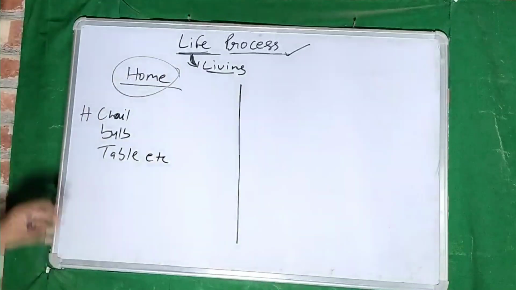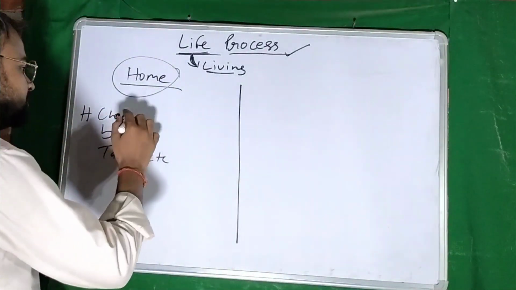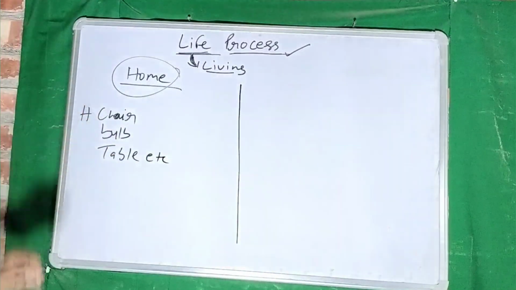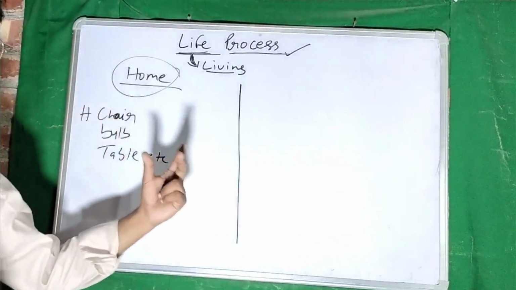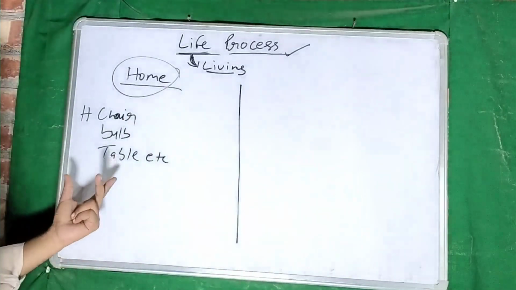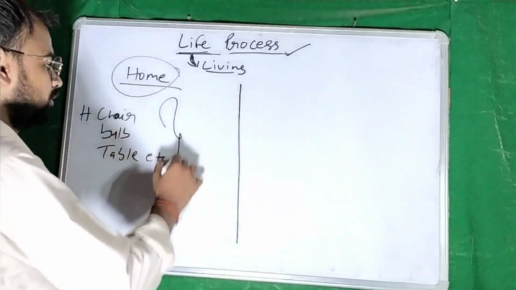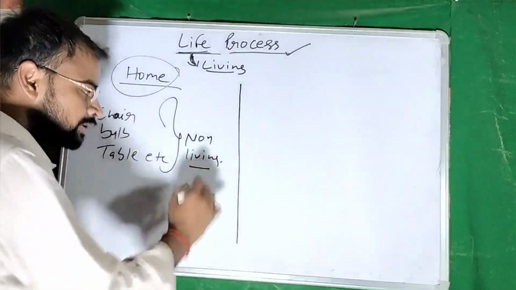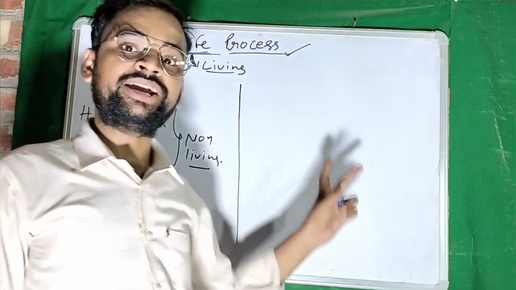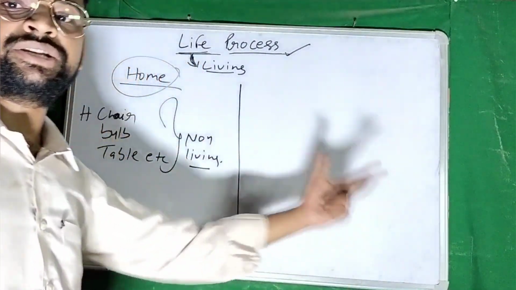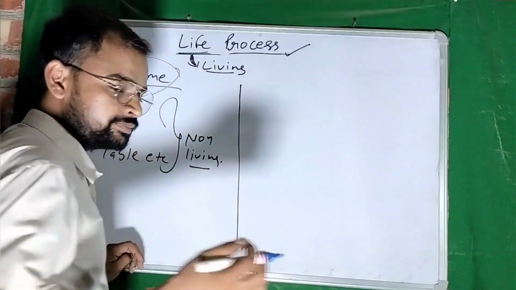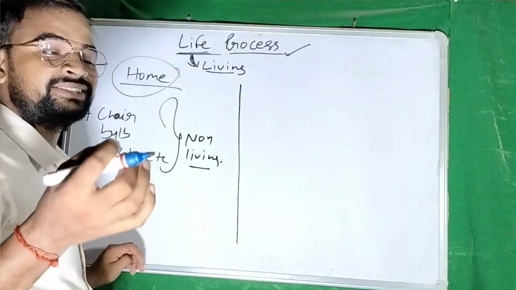You can see different types of objects: chair, bulb, table, etc. Tell me, are they living or non-living? You will say, sir, they are non-living. Now the question is, what are the criteria by which we can say that something is living?